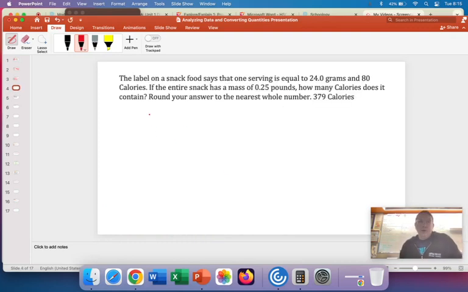One more example. This label on a snack food says that 1 serving is equal to 24.0 grams and 80 calories. So if the entire snack has a mass of 0.25 pounds, how many calories does it contain? Round your answer to the nearest whole number. So we start with 0.25 pounds.